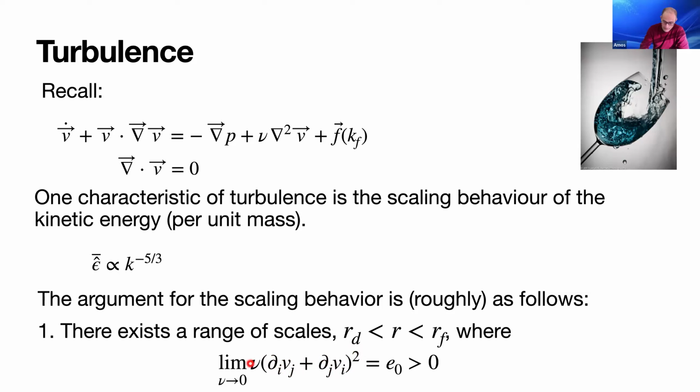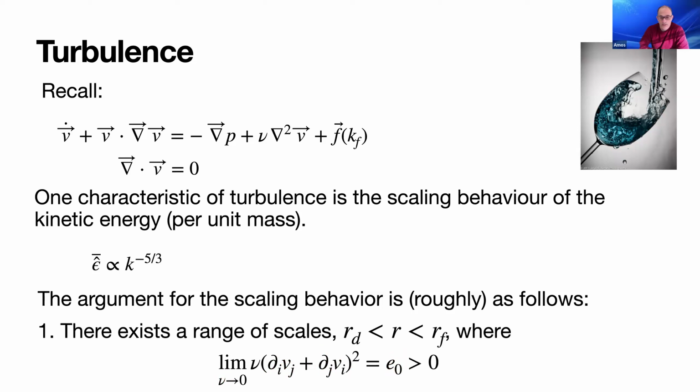And the viscosity that appears here is important because this expression altogether tells us the amount of energy that's being dissipated eventually in the system. And the claim is that when we take the viscosity to zero, this quantity is not zero, but takes on some finite value, which means that the shear tensor should diverge.